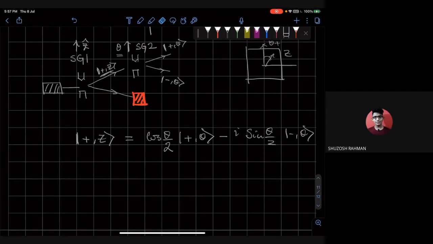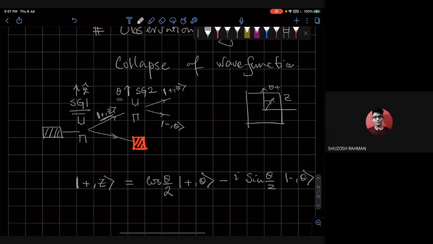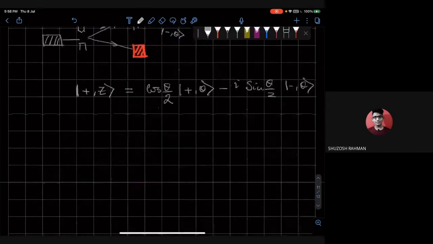So what I'm doing is expressing this beam in terms of the eigenbasis of a different operator. In essence, the Stern Gerlach 1 operator was making an observation of S_z.